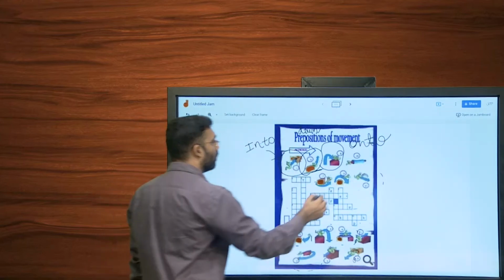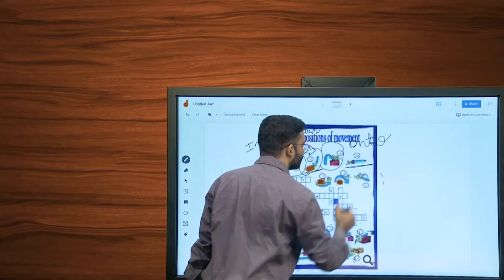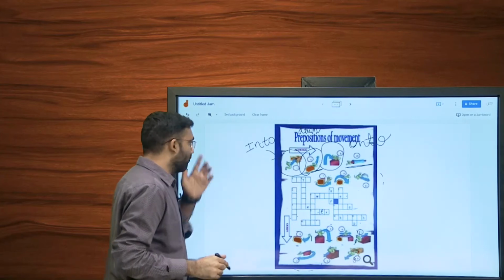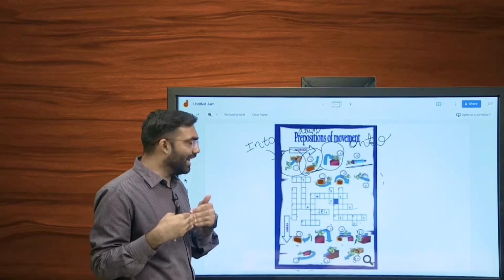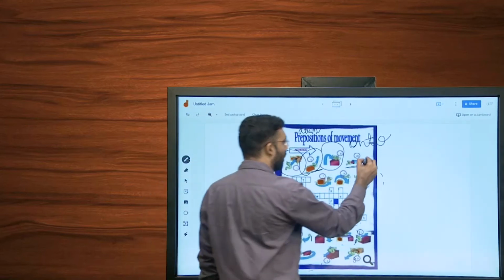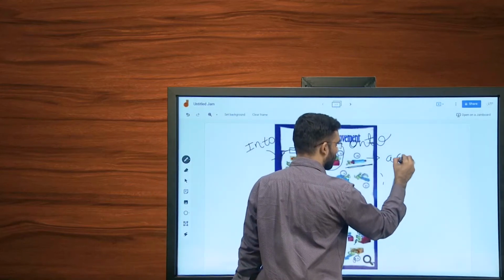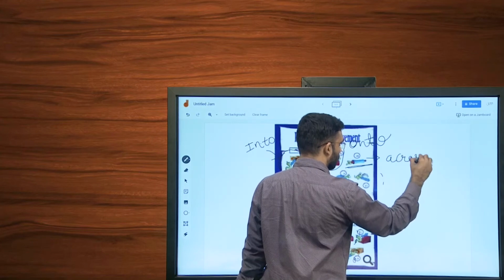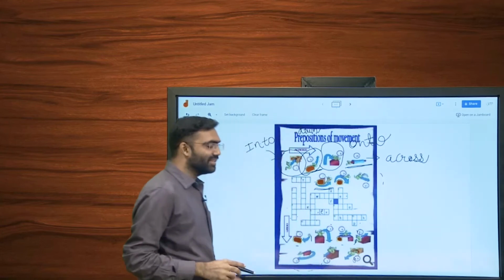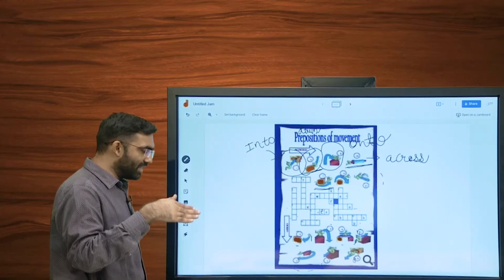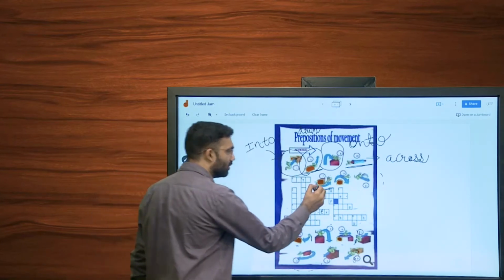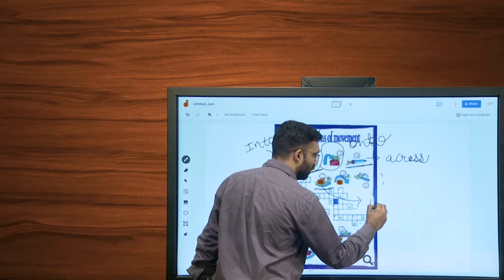Fine. When something is passing from one side to another side, it's called across. Then this one, when something is passing from below, it's called under.